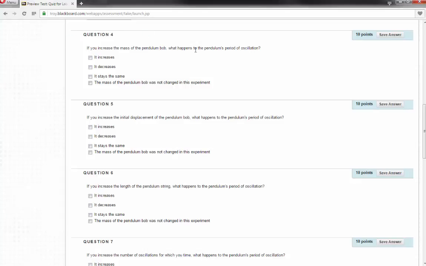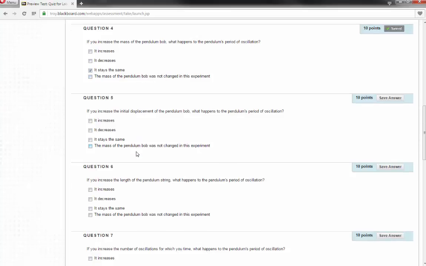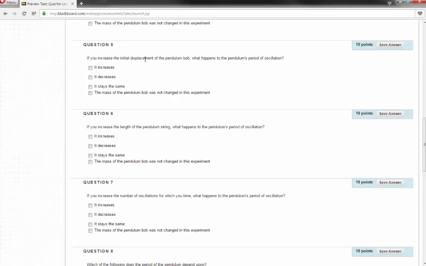And if you do this experiment and you do it carefully enough, you'll notice that when you change the mass, that's increase or decrease, the period of the pendulum should stay the same. Notice that the mass was changed, so you shouldn't be selecting this option. If you increase the initial displacement, what happens?